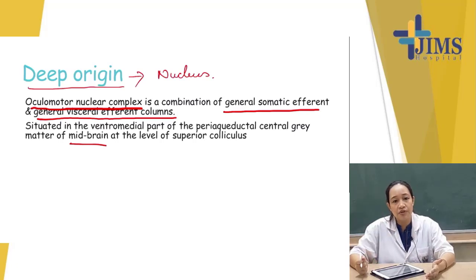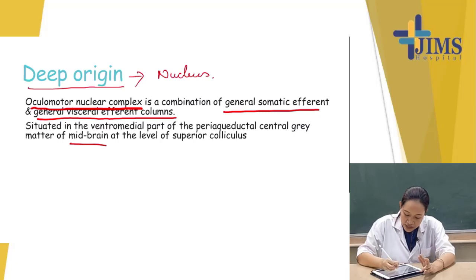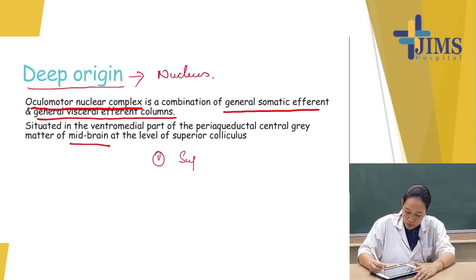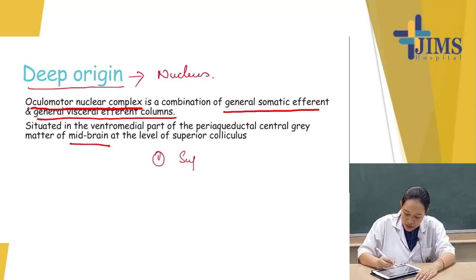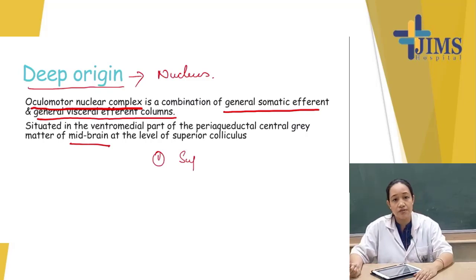We have studied the cut section of the midbrain at two levels, that is first at the level of the superior colliculus, and secondly at the level of the inferior colliculus. By now we know that the oculomotor nuclear complex is located in the grey matter of the midbrain at the level of the superior colliculus.